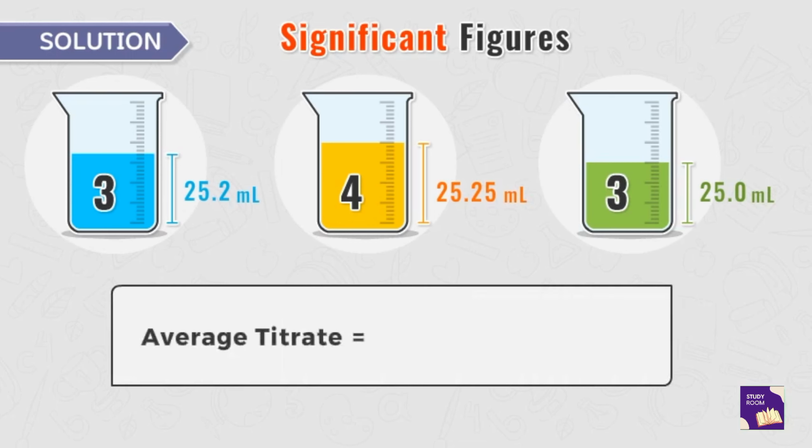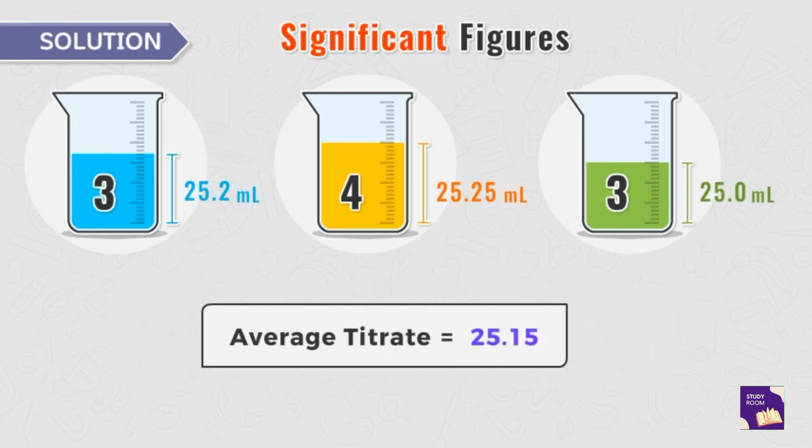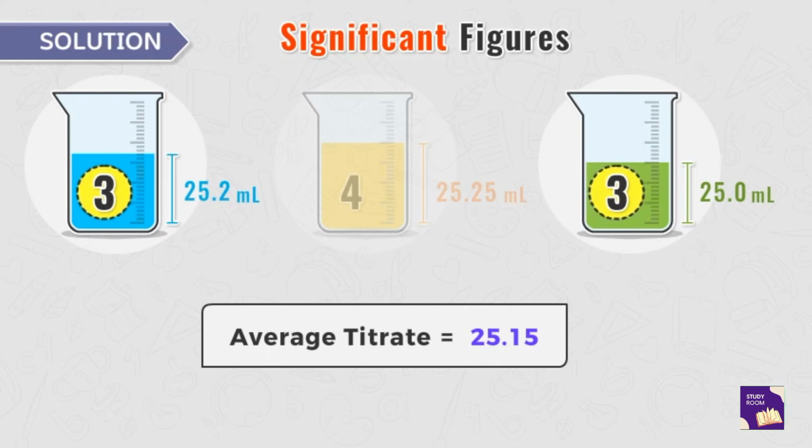The average titrate value is 25.2 plus 25.25 plus 25.0 whole divided by 3, which is equal to 25.15. Since the lowest number of significant figures among the measured values is 3, therefore, the number of significant figures in the average value will also be equal to 3. Hence, we will round off the average titrate value to 25.2 ml.